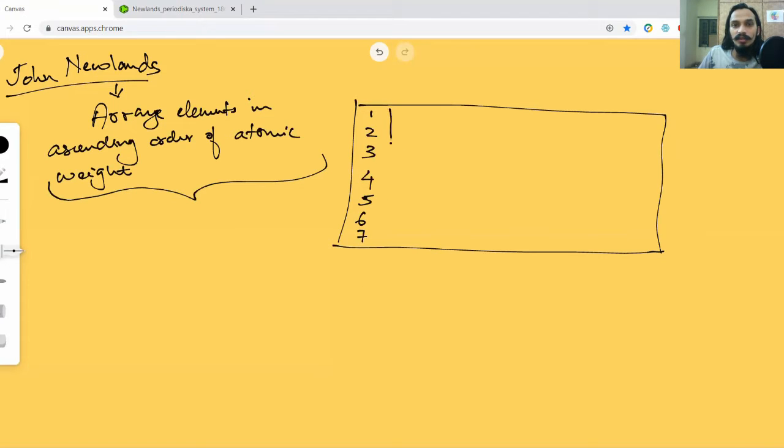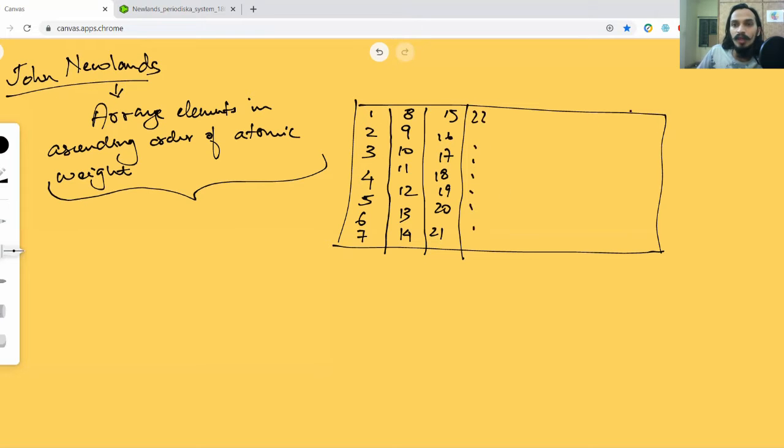He said you put the first 7 elements like this, then you go back and repeat, the 8th element here. 11, 12, 13, 14. Basically, you're making columns of 7 elements each. So 19, 20, 21, then you come back to 22 and so on. He did this all the way up till 56 elements. So that is basically 8 rows of this. 7 8s are 56.